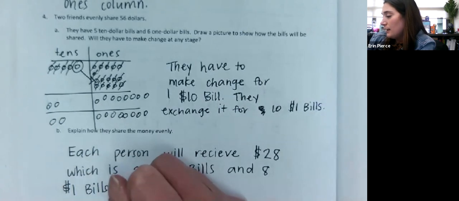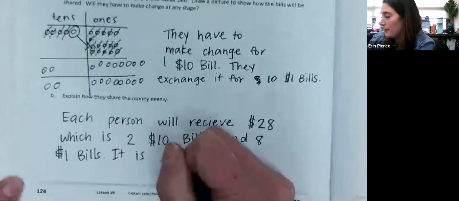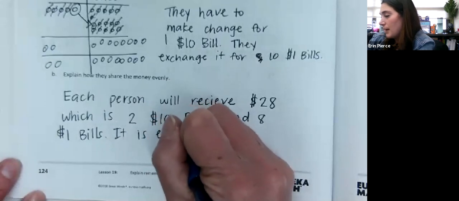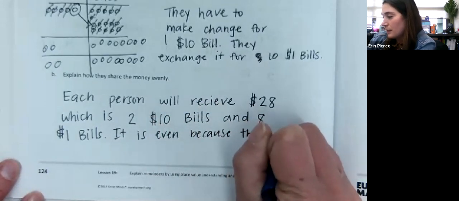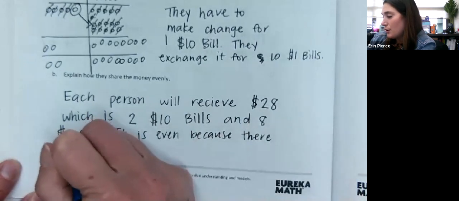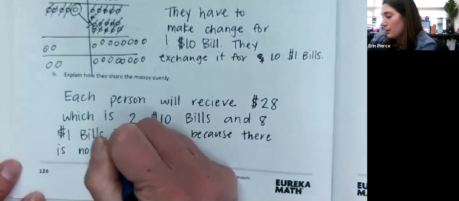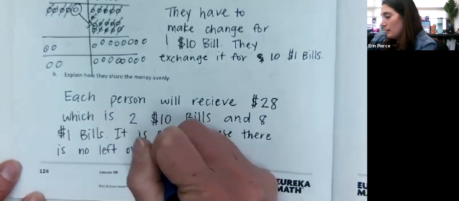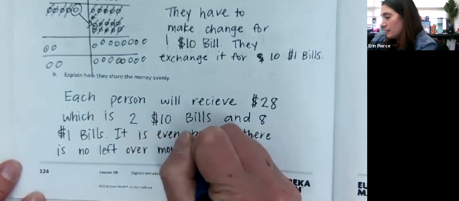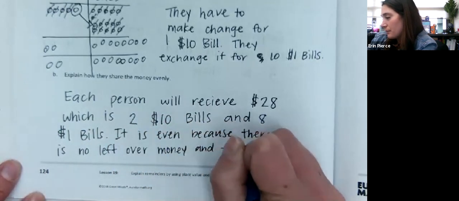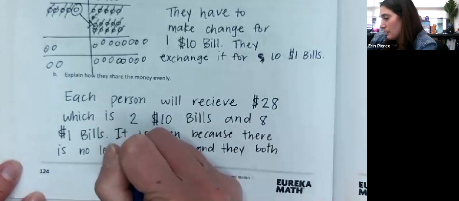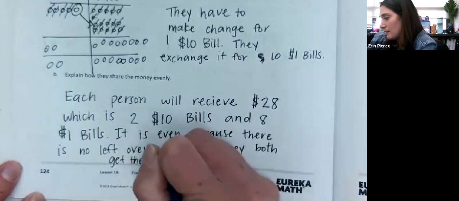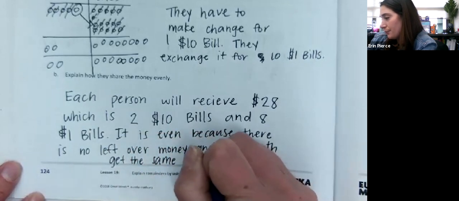It is even because there is no leftover money and they both get the same amount.